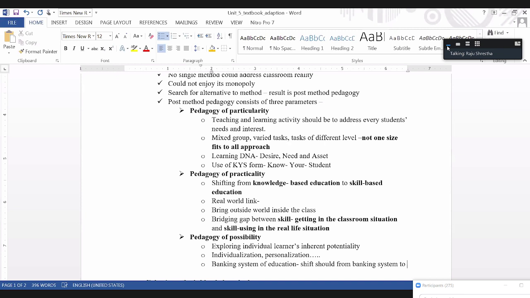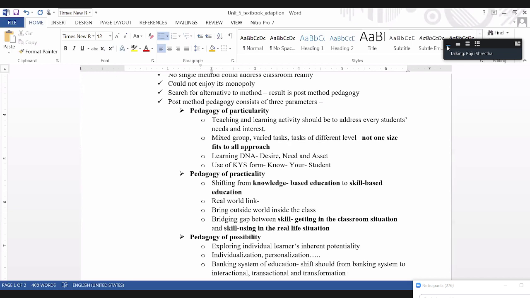What do we say? Interactional, transactional, and transformational. Now teaching should focus on interaction. Teaching should focus on transaction.